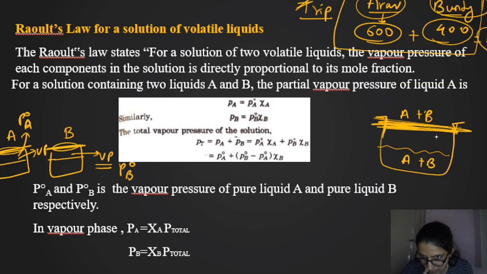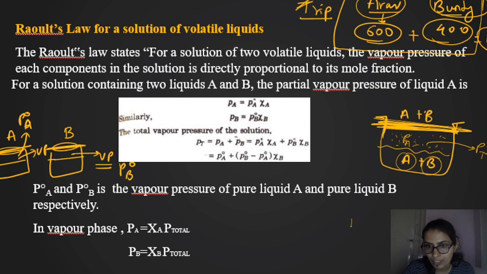So now this is a solution and it's covered. Now what happened? Here we'll have a vapor, and the total vapor pressure present over here is due to both component A and component B. And what does this statement say? It says the partial pressure, the pressure due to A, is directly proportional to its mole fraction.